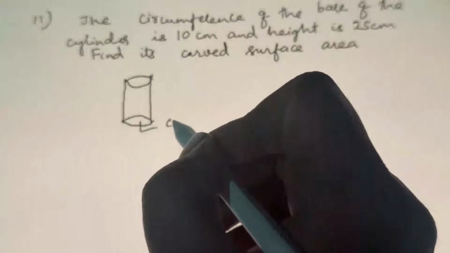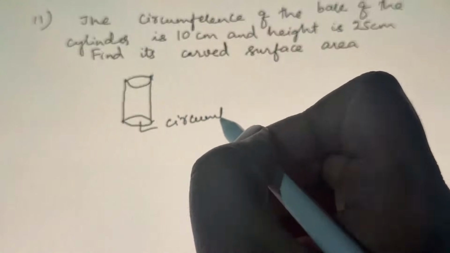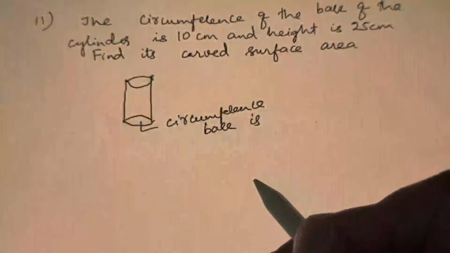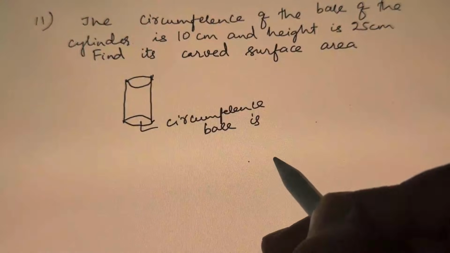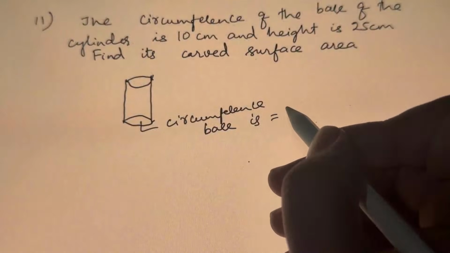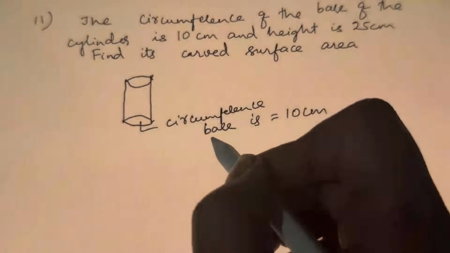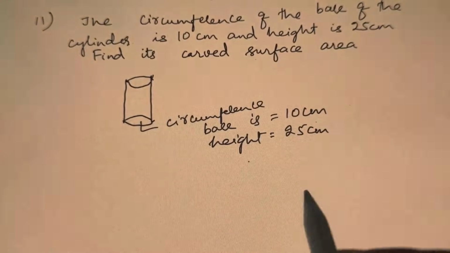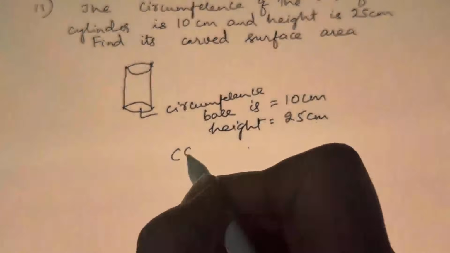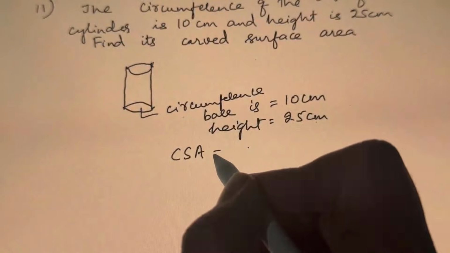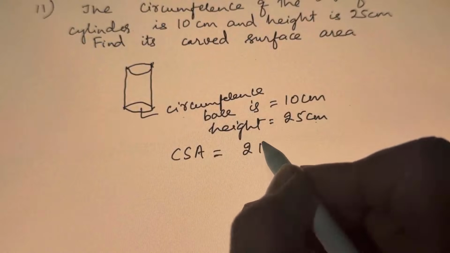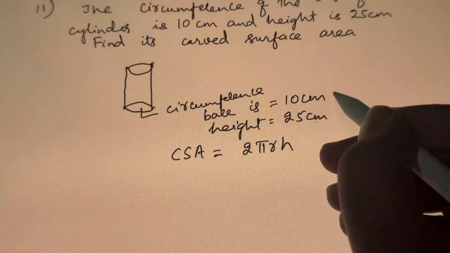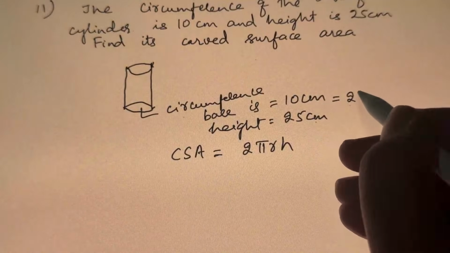So the circumference of the base is 10 centimeter. The height is 25 centimeter. So curved surface area of the cylinder is 2 pi RH.